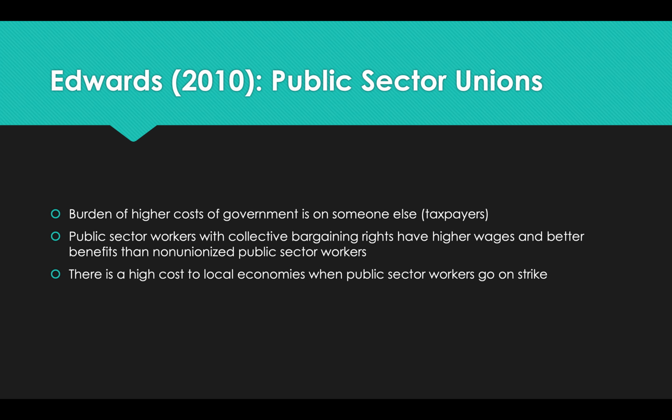So this is where public sector unions are different from private sector unions. Unionization in the private sector is maybe less politically controversial for a couple of reasons. One of them being that there's not much unionization in the private sector these days, so it's not that controversial because they hardly exist.